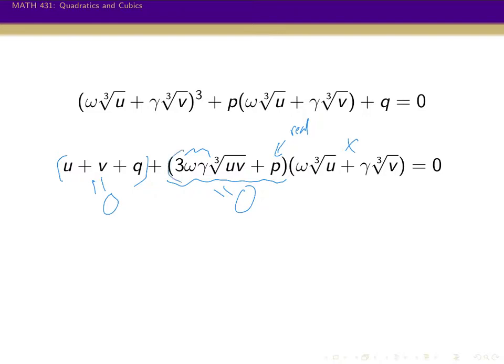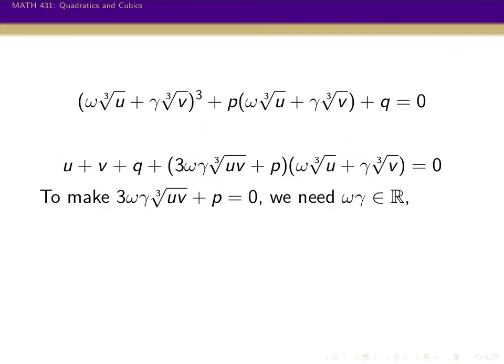And so that tells us that this term here has to end up being real as well. So what does gamma have to be to make this real? It turns out that the only way it can possibly be real is if we need gamma times omega to be real. And the only way this can possibly happen is if gamma is equal to omega squared.